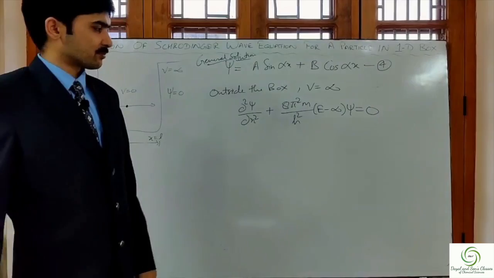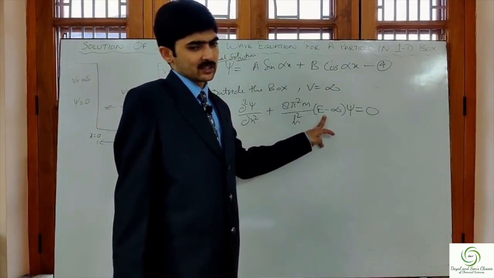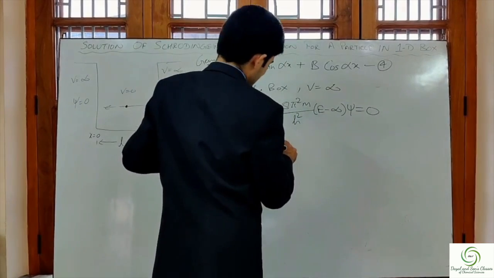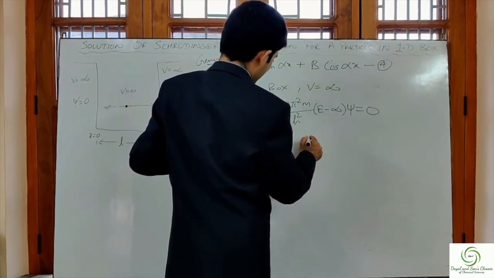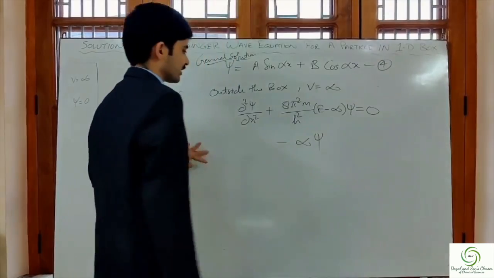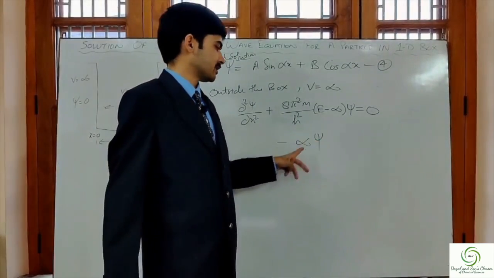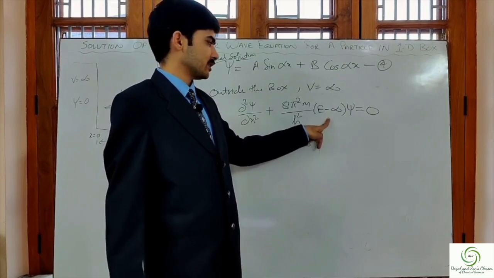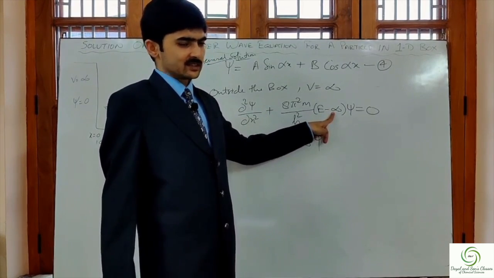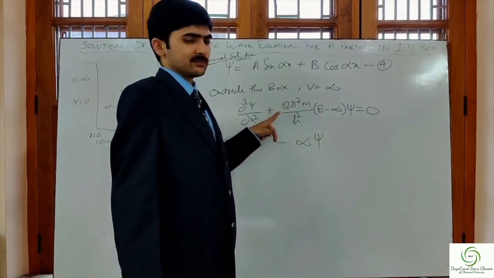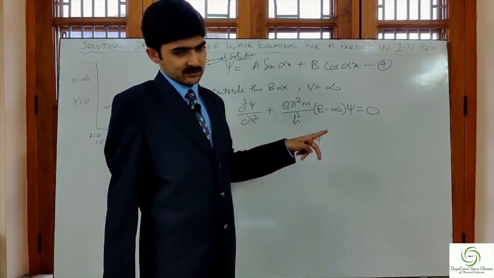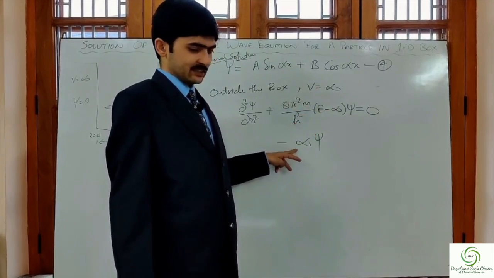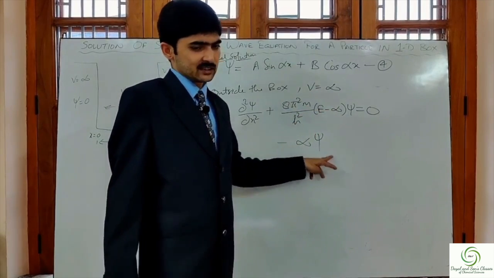Anything subtracted from infinity will give minus infinity, and anything multiplied by infinity will again give infinity, but since the sign is negative, we get minus infinity psi.